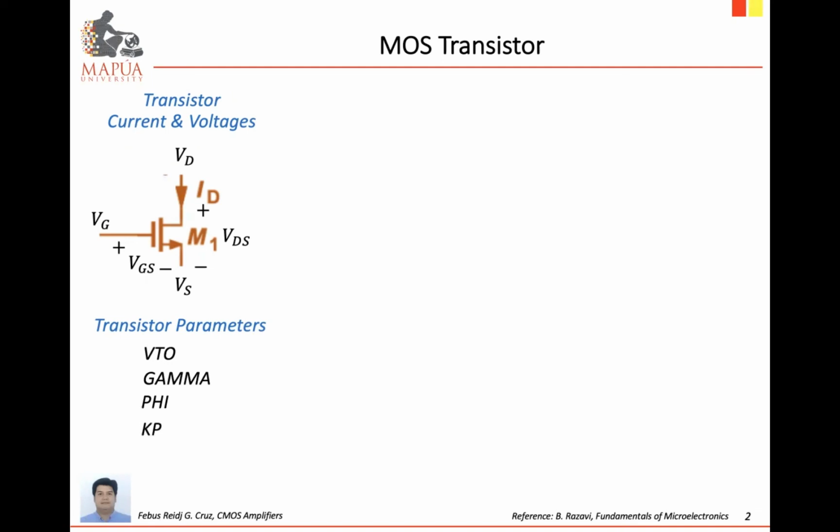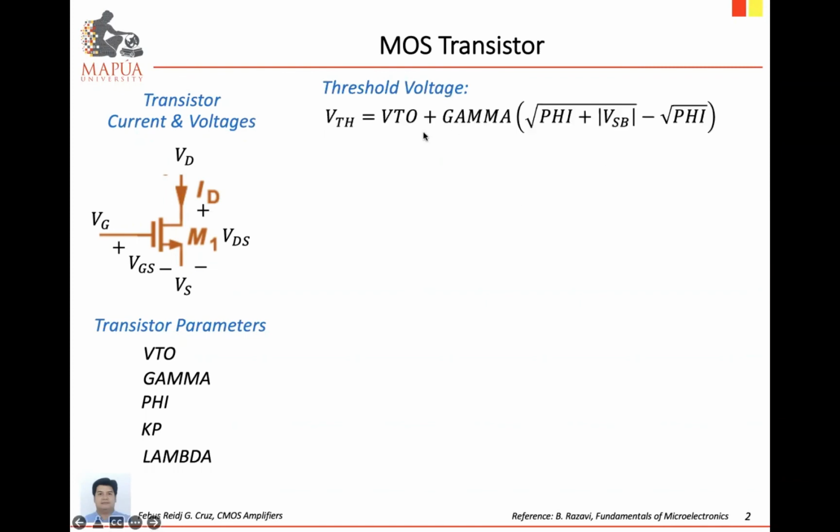And Kp is the transconductance parameter. And lambda is the channel length modulation parameter. So to determine the threshold voltage, we are going to use this equation. VTH is equal to VTO plus gamma, all multiplied by this.